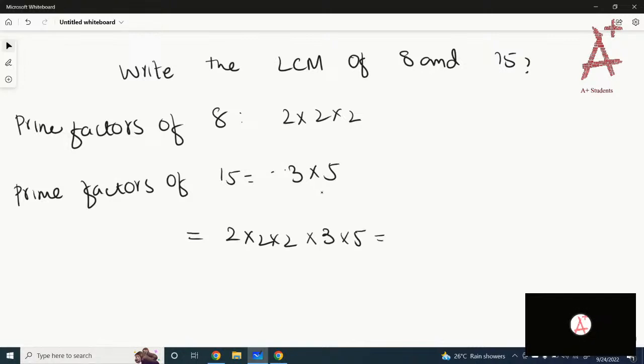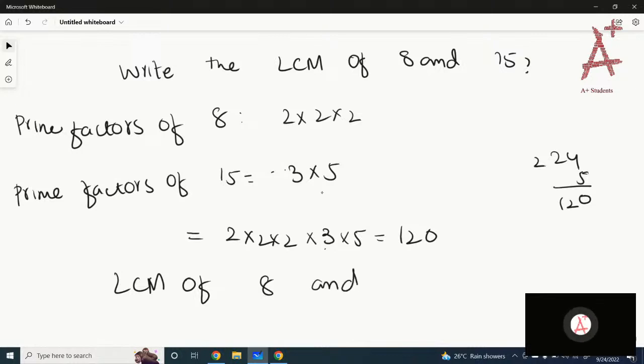Got it? So 2 times 2 times 2 is 8, 8 times 3 is 24, and 24 times 5 is, 5 times 4 is 20, yes, it is 120. So the least common multiple of 8 and 15 is 120. Got it?